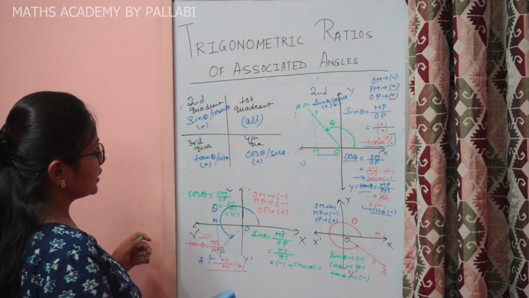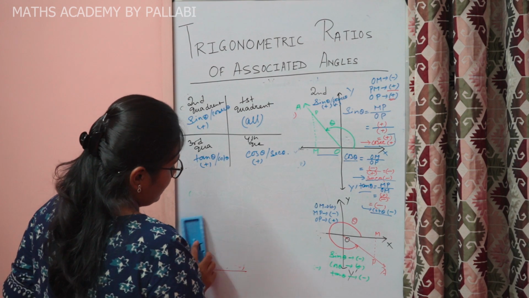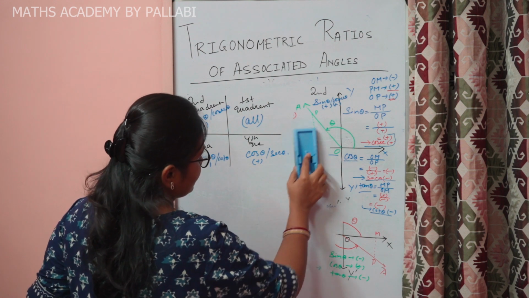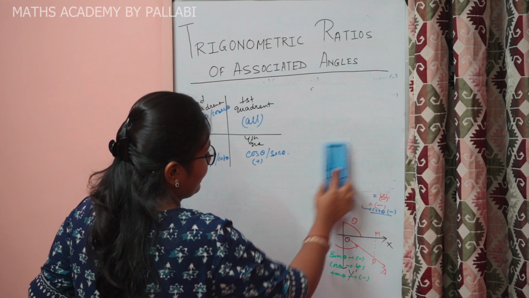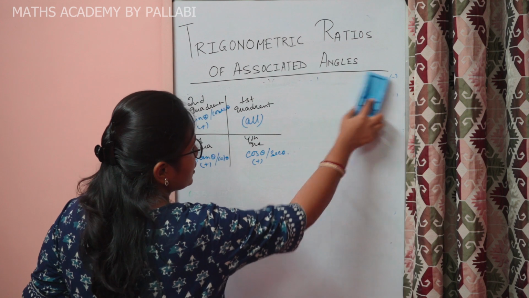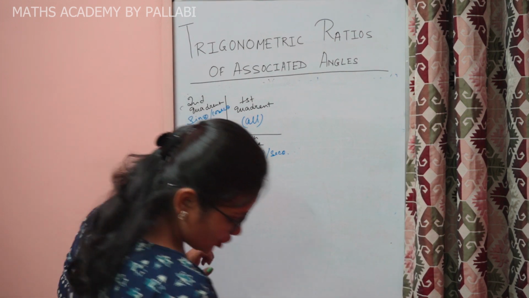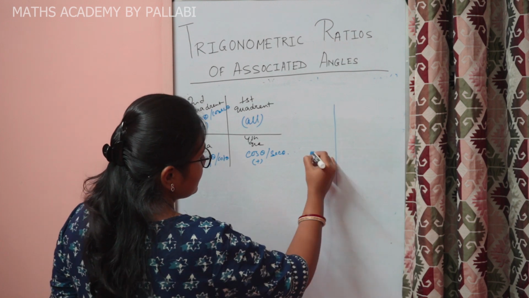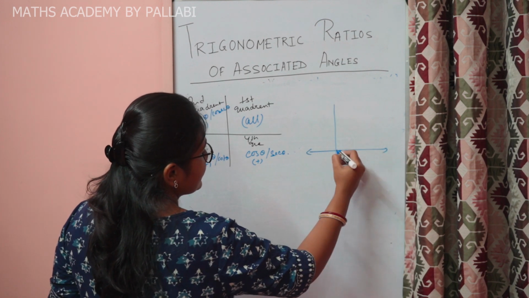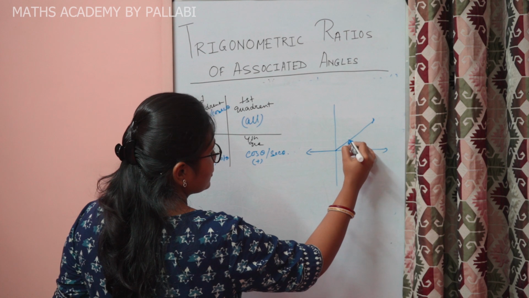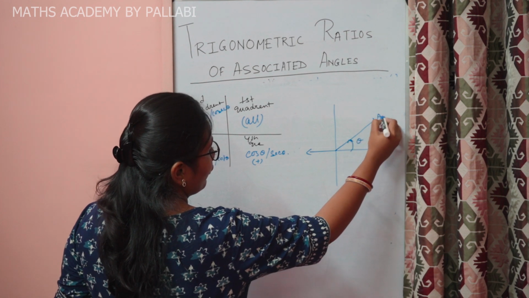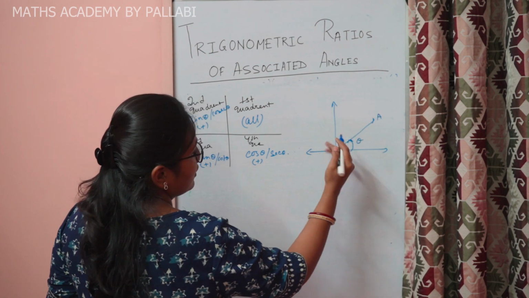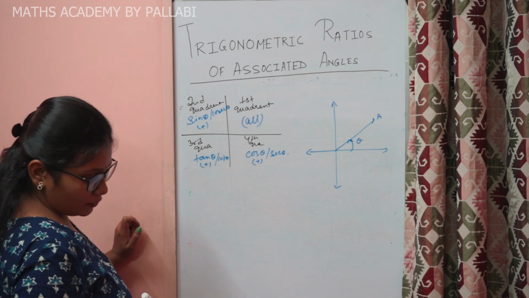If the rotation is in the clockwise direction, what will happen? Suppose this is the fourth quadrant, and this is the initial position of OA when it rotates in the clockwise direction.